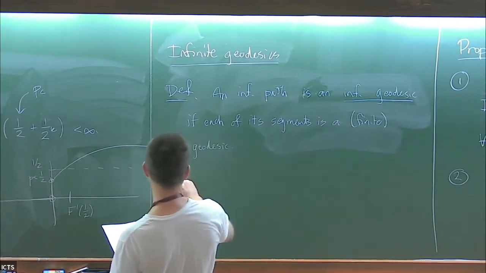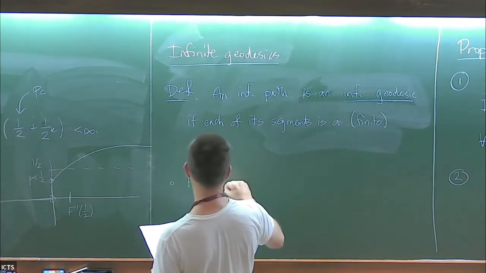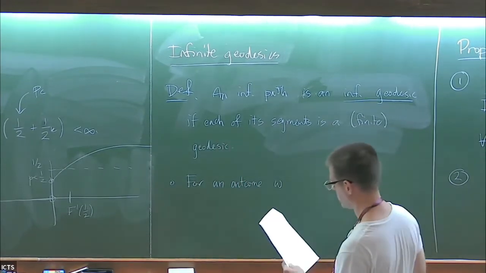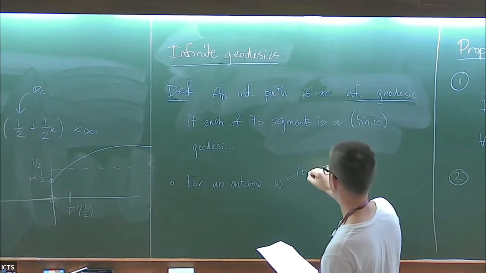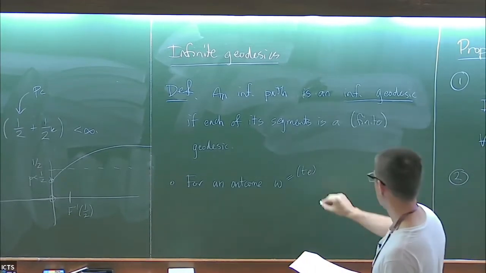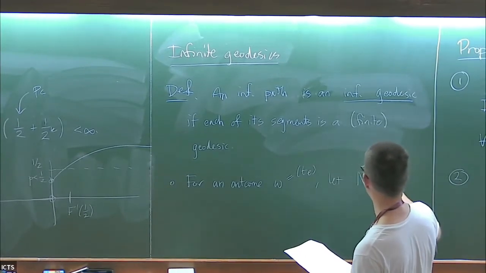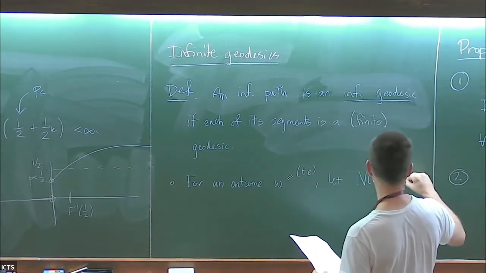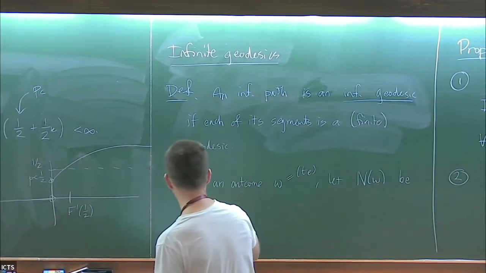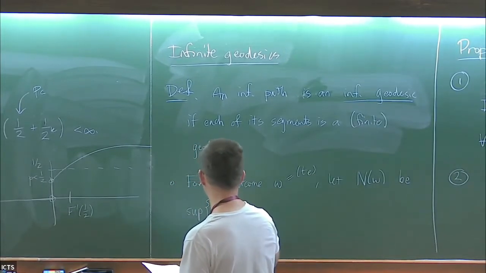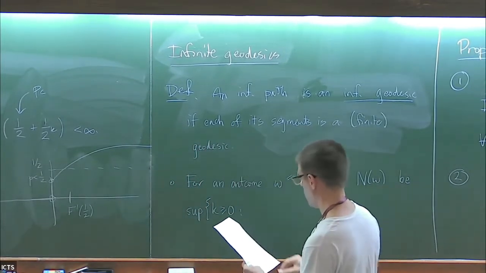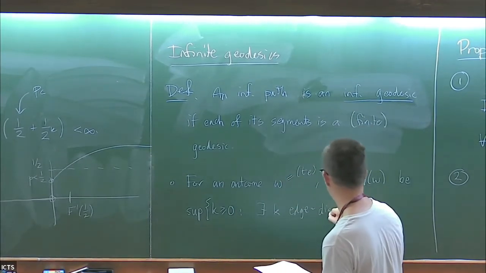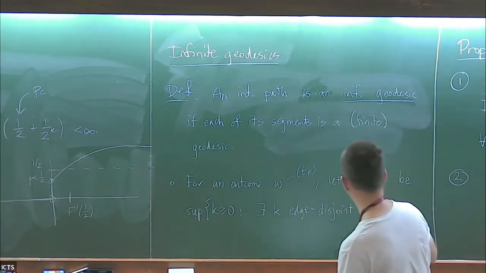So for an outcome omega, which is our passage time configuration, we're going to let n of omega be the following thing: the supremum over all k at least 0 such that there exist k edge disjoint infinite geodesics.